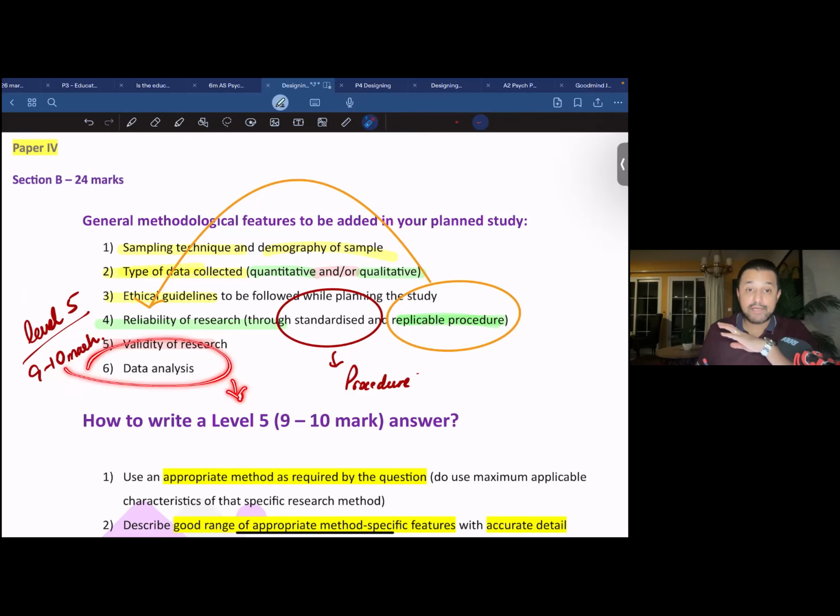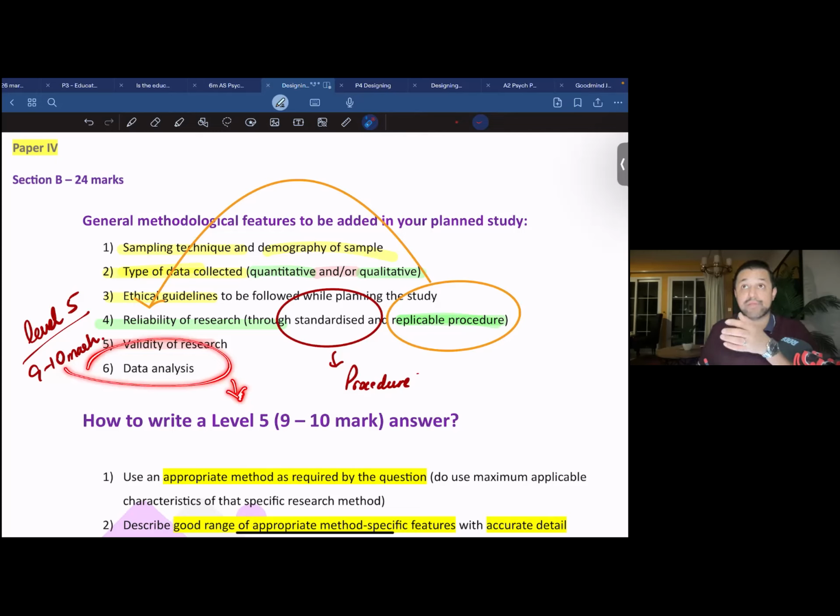When we use the word data analysis, if I may put it in a simpler manner, the examiner expects you to write down what you plan on doing with the data you've collected, to be able to investigate in this study, because you were asked to investigate, right?